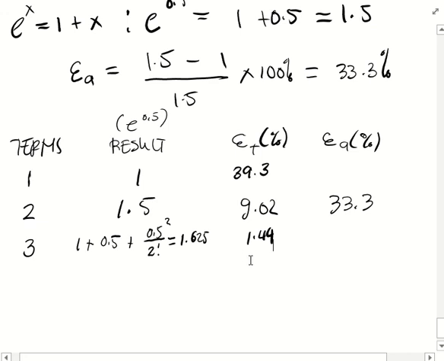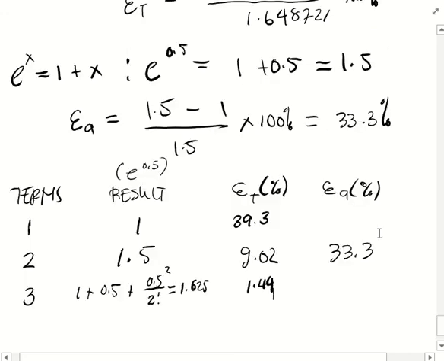And the approximate error will be equal to the current, which is 1.625, minus the previous 1.5, divided by 1.625 times 100, and this is equal to 7.69%.